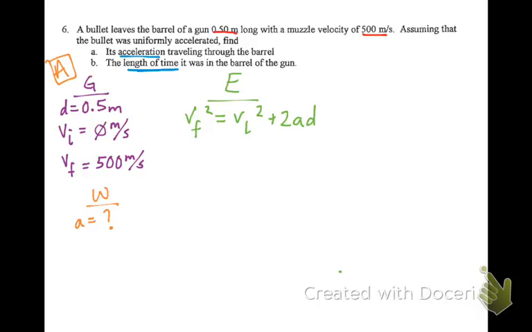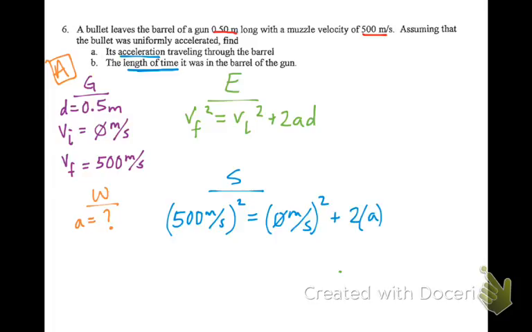The reason we're using that one is that all of our information goes in that equation. So let's plug in our information. We've got 500 meters per second, so don't forget to square that, equals 0 meters per second squared plus 2 times our acceleration, and our distance is 0.5 meters.